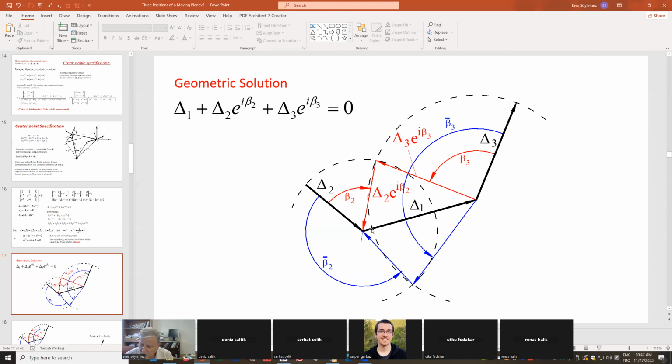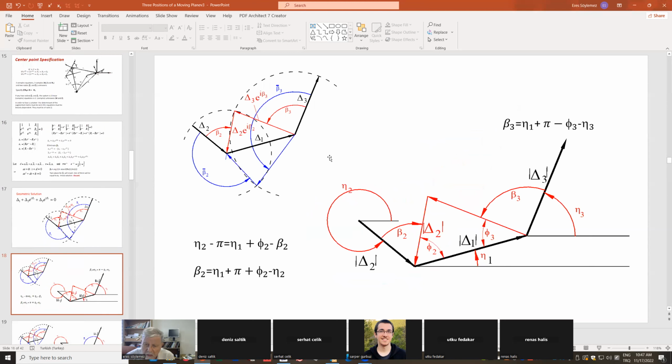These two circles will intersect at these 2 points, and I will have two vector polygons. One is the one that I show in red. The other is the one that I show in blue. Okay?